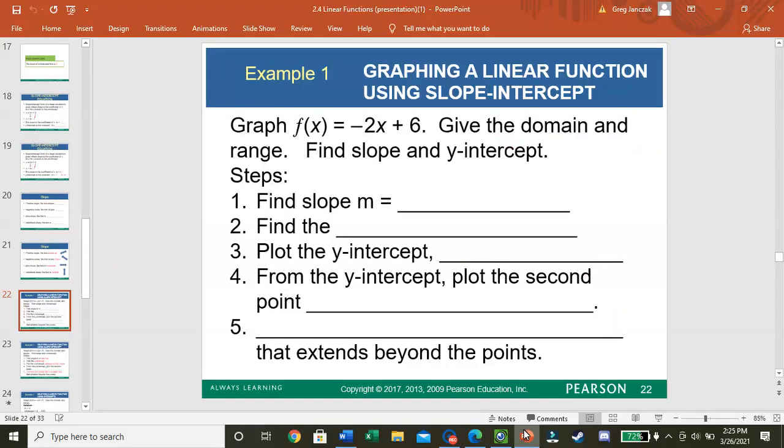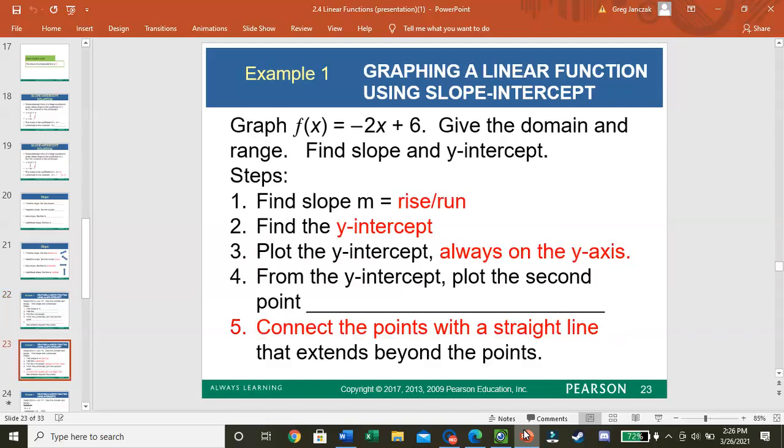Okay, steps to graphing. Here we're given an equation, negative 2x plus 6, and we want to graph that and give the domain and range. First thing you want to do is find the slope, and that's rise over run.